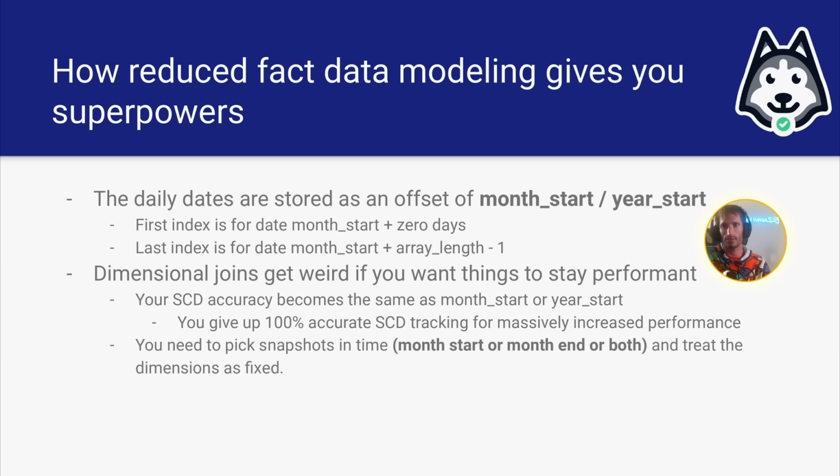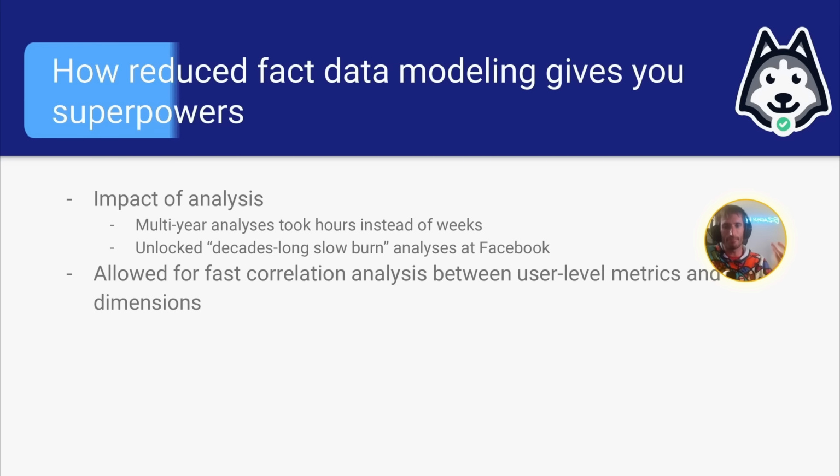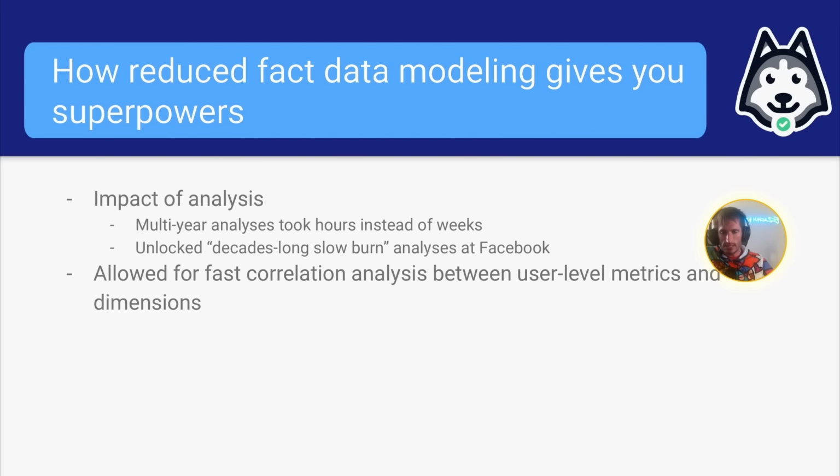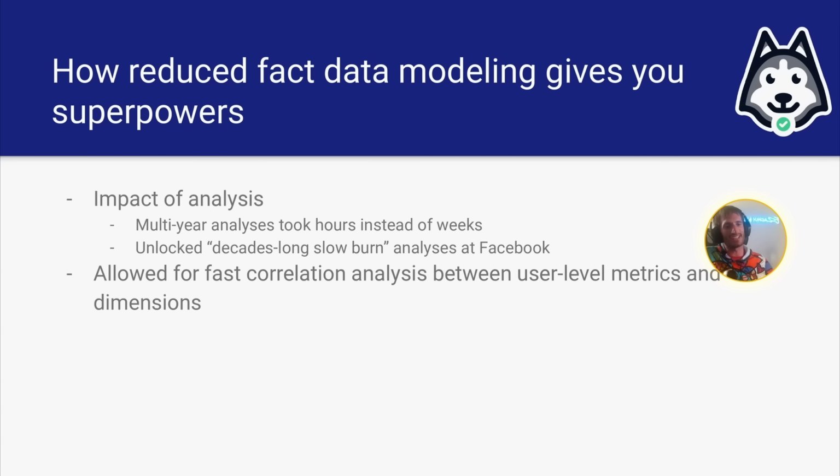So go to the next slide. Here's the impact from this new schema, right? Before, if we wanted to do a 10-year backfill with that intermediate layer, that daily data, a 10-year backfill would take about a week, maybe a little bit more.